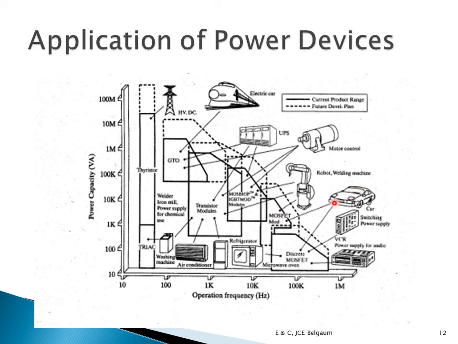Then in cars we use discrete MOSFETs, and this is the switching SMPS that we use. Normally you are very familiar with that, or the VCR tape recorder. They are basically used at higher frequencies, and MOSFETs are the ones being used.